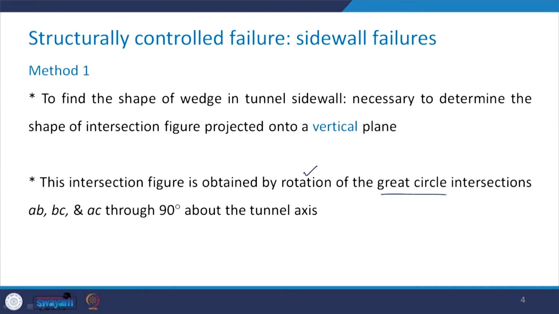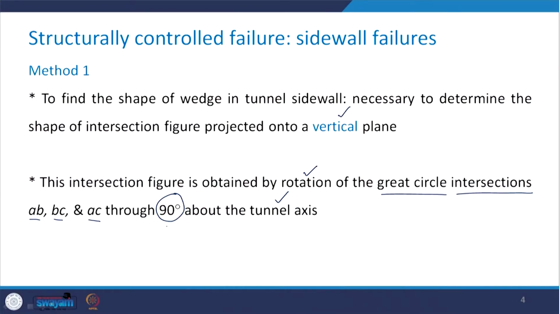By the rotation of great circle intersections, which are AB, BC and AC, through 90 degree about the tunnel axis, because in one case you are getting it on a horizontal plane, and to find out the shape of the wedge in the tunnel side wall we need to project it on a vertical plane. So, one has to rotate these great circle intersections through 90 degree about the tunnel axis.